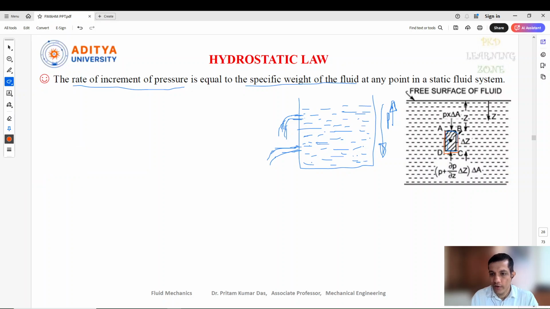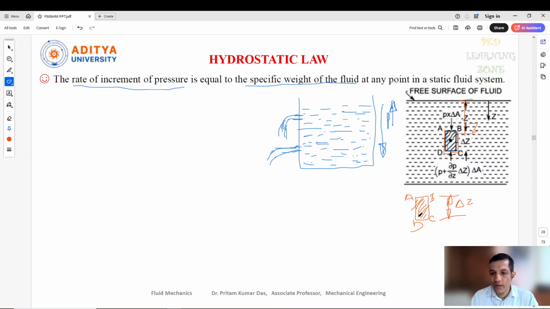This is the small element, ABCD, and this element has a height of delta Z, because it is very small. This element is situated at a height of Z from the liquid surface.